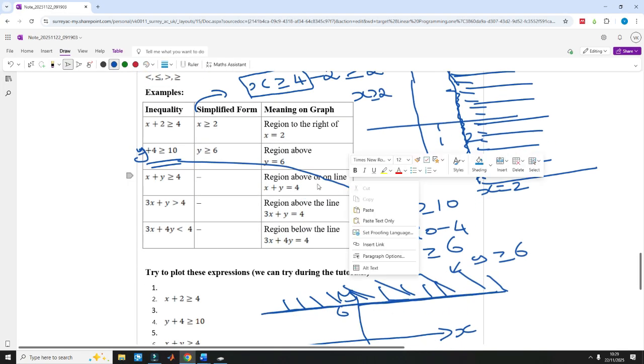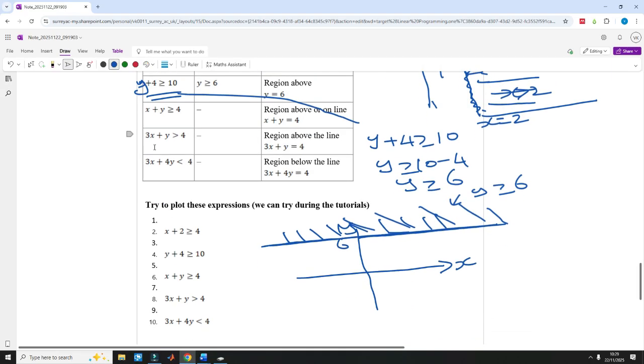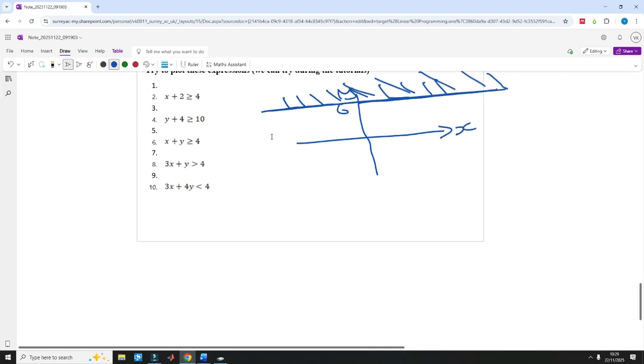This looks really basic, but you need to know these fundamentals in order to solve some really big problems using LPP algorithms. Now we can take slightly more complex equations that have two variables, like 3x plus 4y greater than or equal to 4.